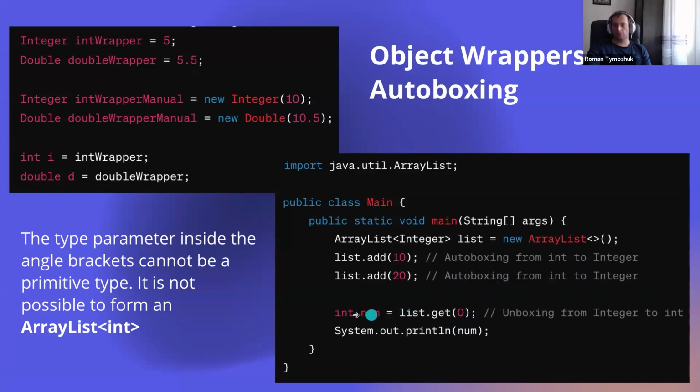It's completely understandable for Java that it could be assigned and unboxed to the primitive type. Yeah, and that's a good functionality. So you're not providing overhead code and not casting from primitive to object and vice versa. Is it clear for you? Any questions?